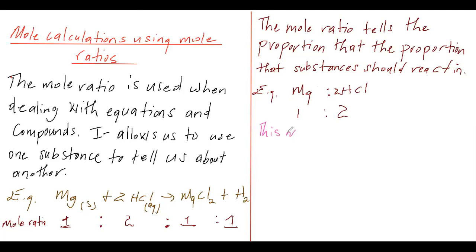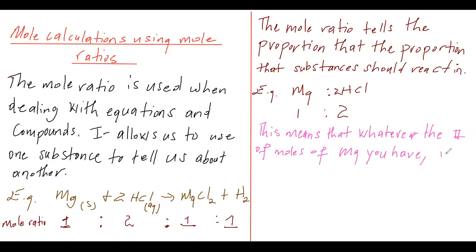This means that whatever the number of moles of Mg you have, you will need 2 times that amount of HCl.